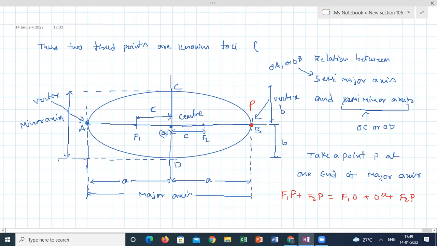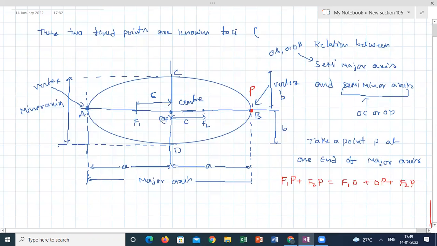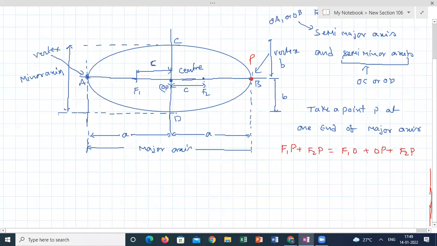To bring the relation between minor axis and major axis, we are using this one. From here, F1P is equal to F1O plus OP, which is equal to C plus A.